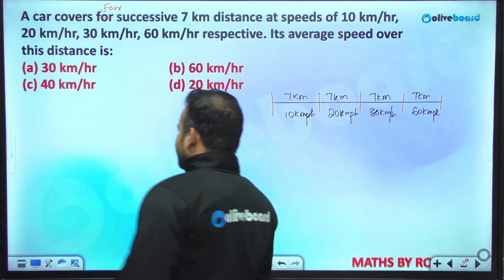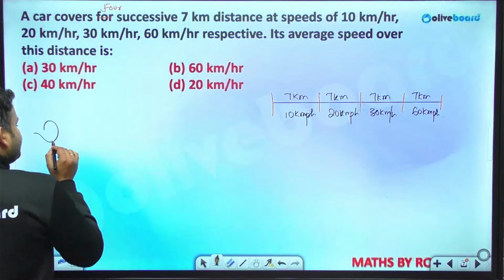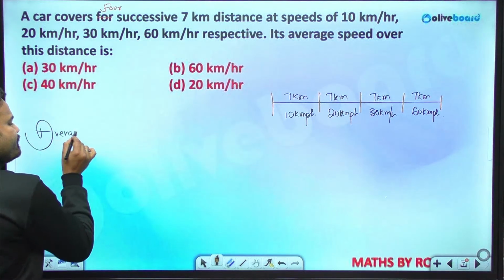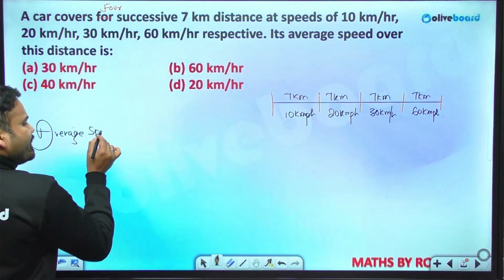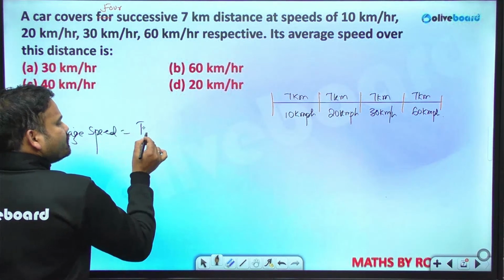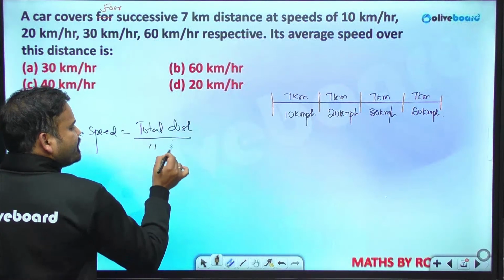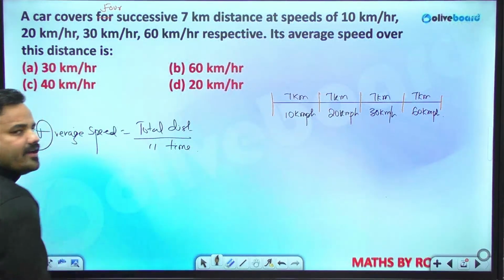See, how to calculate average speed? Average speed will be total distance upon total time, isn't it?